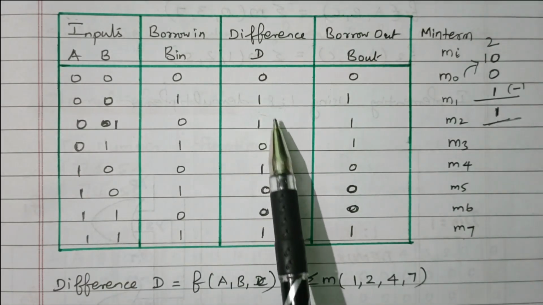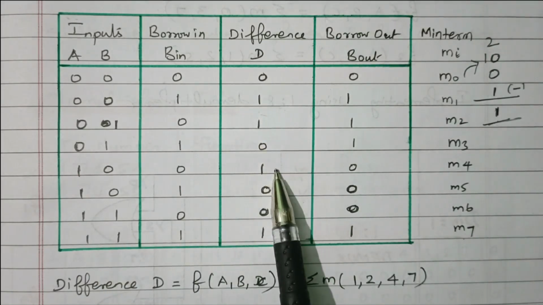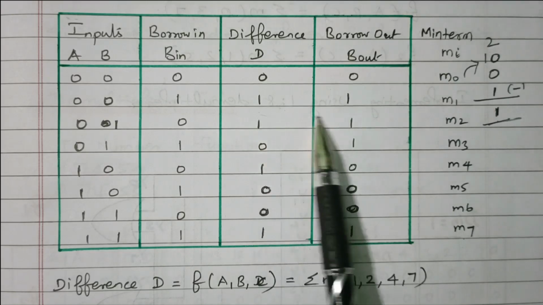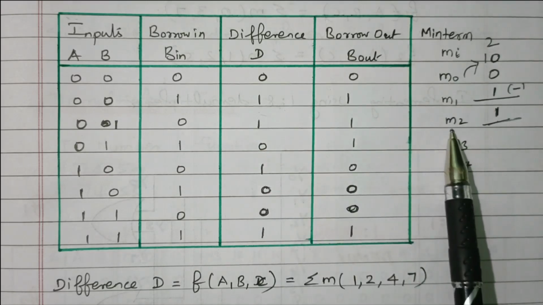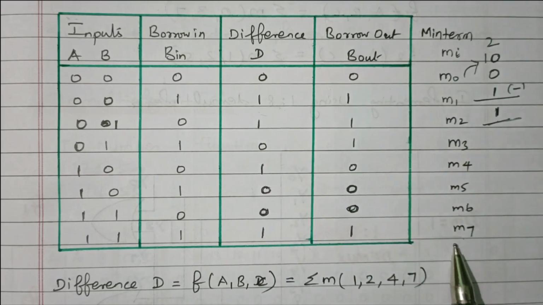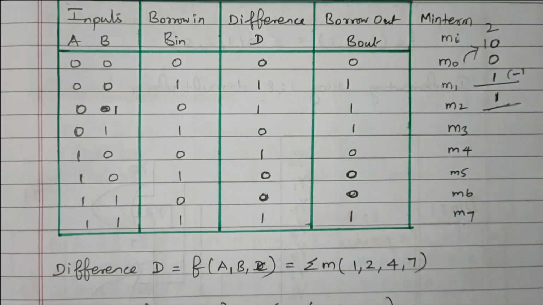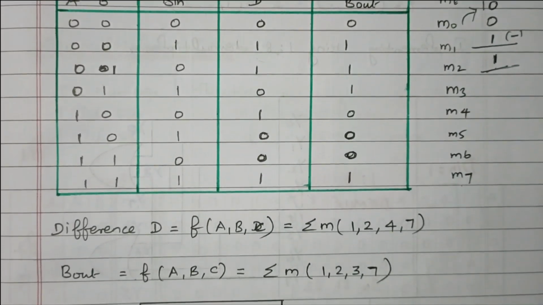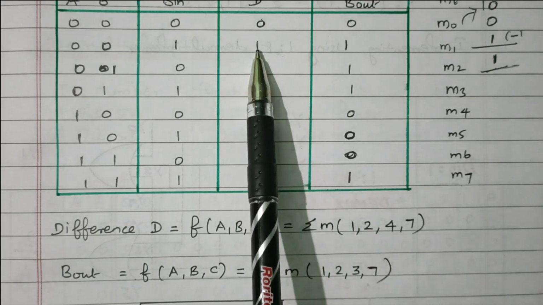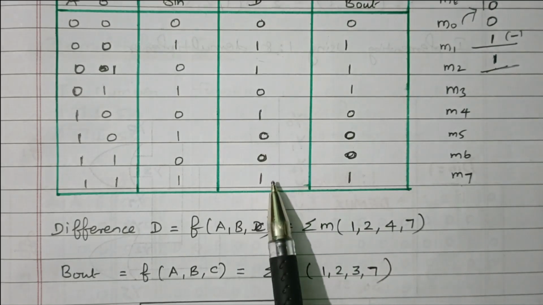So for the difference we have 1 available: 1, 2, 3, 4 ones are available. That corresponds to M1, M2, M4 and M7. These 4 are at high level. So those are the required terms for generating the difference. That is the sum of min terms 1, 2, 4, 7.